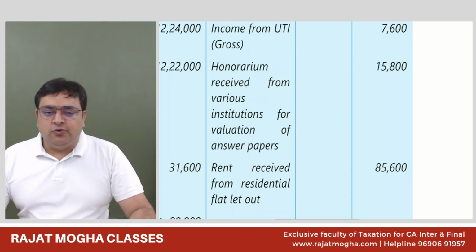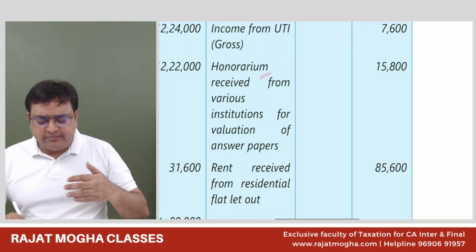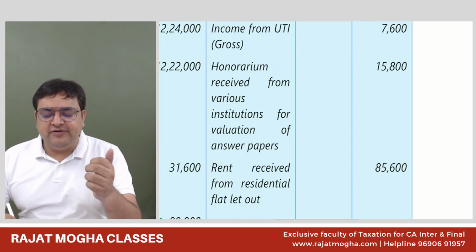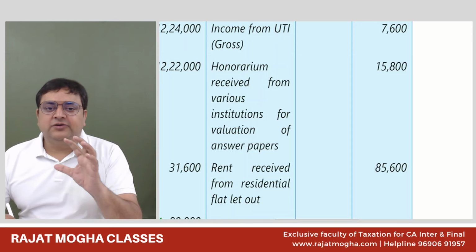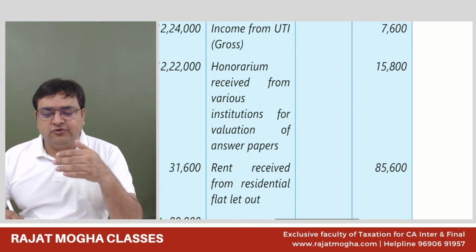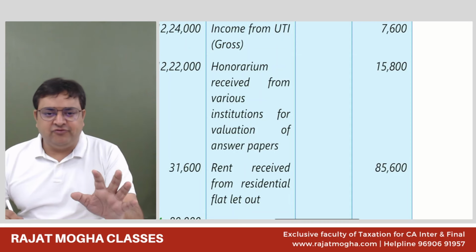Is it PGBP? No, it is not PGBP. So you are getting an honorarium. What is an honorarium? It is just a small amount as a respect we are giving you, because your time is more precious, but still we can afford to give you this much only. So that is called, in your honor, we are giving you. So it is nothing but IFOS income.